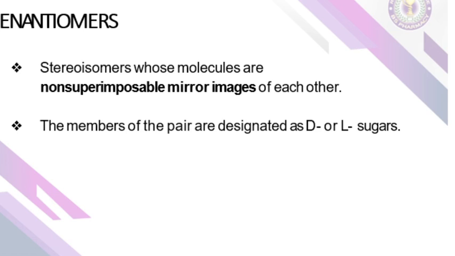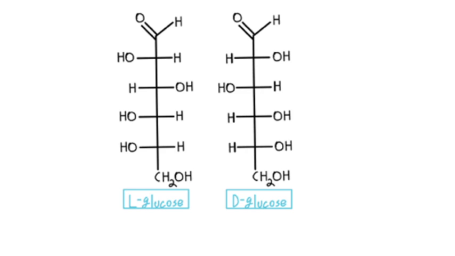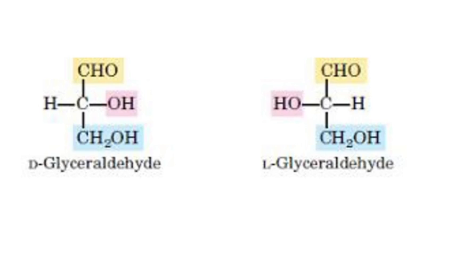One would be dextro and the other would be levo, so they are called enantiomers. This also applies to glyceraldehyde, the simplest aldose sugar. The OH in D-glyceraldehyde is on the right side, and in L-glyceraldehyde it is on the left side. Therefore, they are enantiomers.